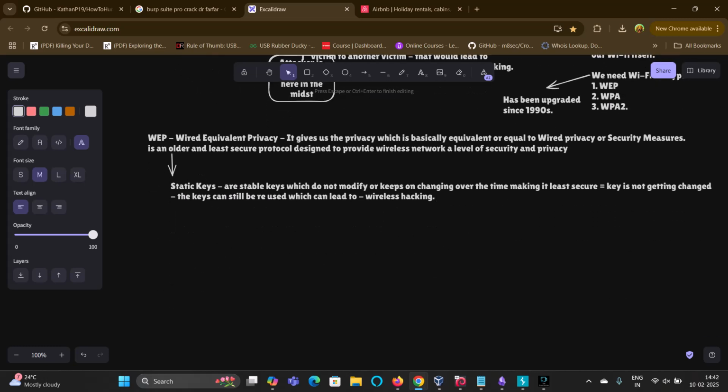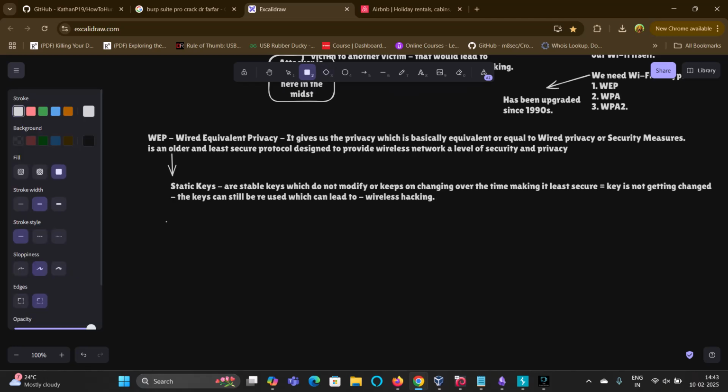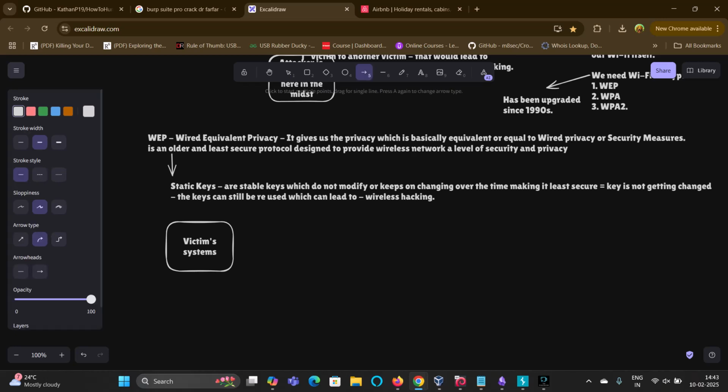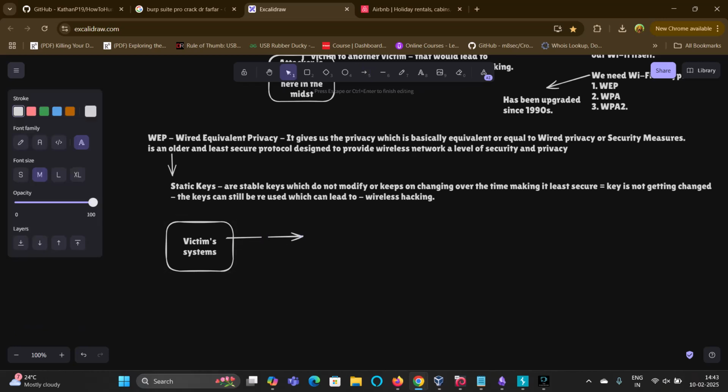So let's take an example and let me write it down. It uses static keys and it can be cracked easily. Let's say there is a victim system, and the victim system is connected to a wireless system, or a Wi-Fi, which uses WEP encryption.